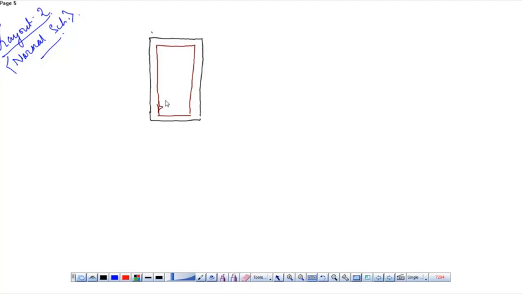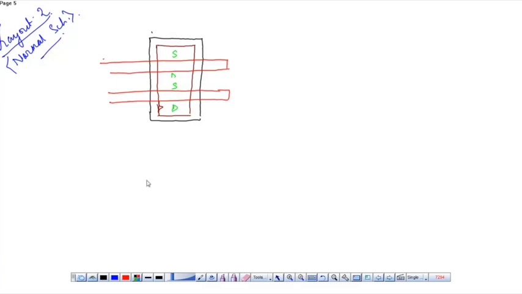Let's place the poly in order to locate the two inputs. Now this is the source, drain, source, and this is the drain terminal.